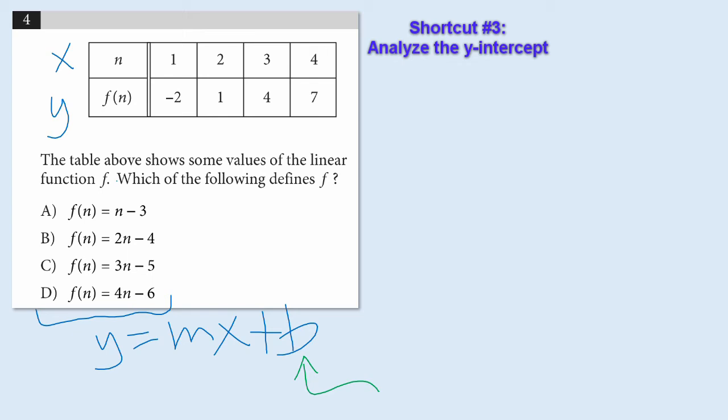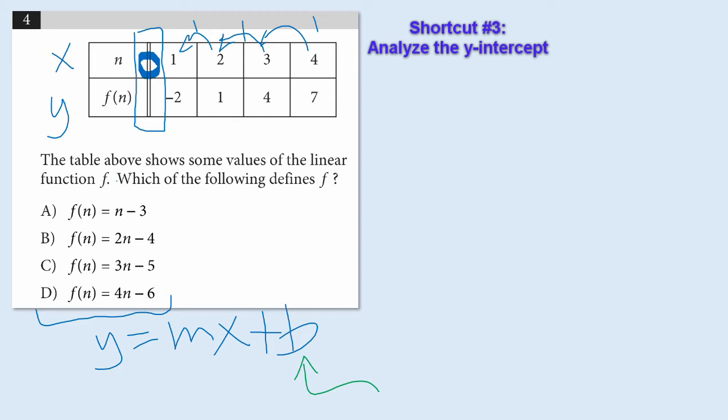So look at this table. If I were to insert another column, the next value in the first row would be 0, right? Because that's going to continue the pattern of going up by 1.